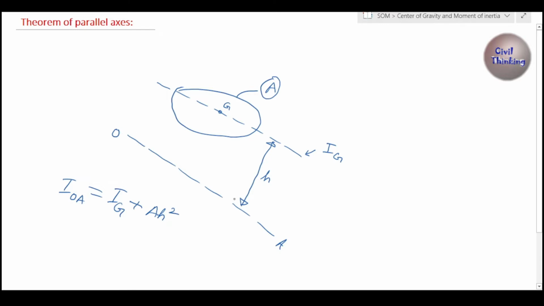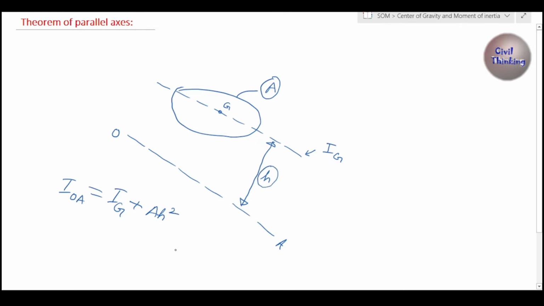And I draw another line parallel to this line which is passing through G, and the distance between them is h. Then the moment of inertia about OA is IG plus Ah square.